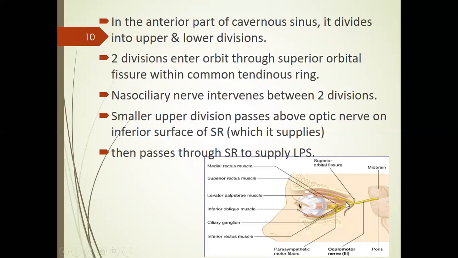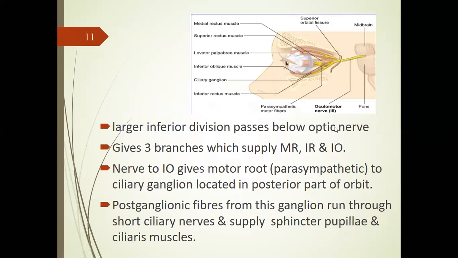Here you will get optic nerve on the inferior surface of superior rectus. Then it passes through the superior rectus to supply the levator palpebrae superioris muscle. And larger inferior division passes below the optic nerve, and it gives three branches which supply medial rectus, inferior rectus, and inferior oblique muscle.